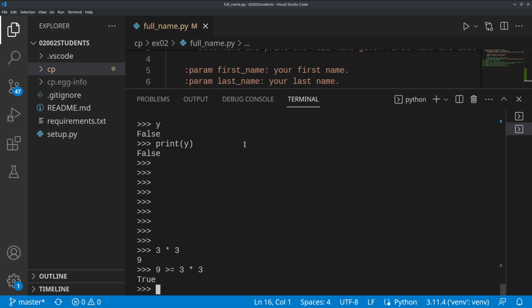So in this case, it's going to evaluate to true because 9 is in fact equal to 3 times 3. If I wanted to check if it was equal, I would do this. So what do you think happens if I put in 19 here? Well, it's still going to be true because 19 is greater than 3 times 3, which is equal to 9.